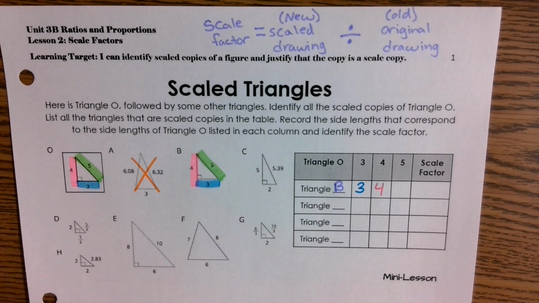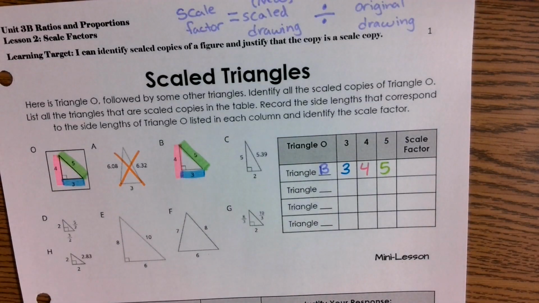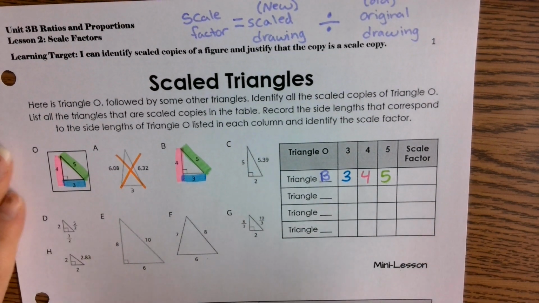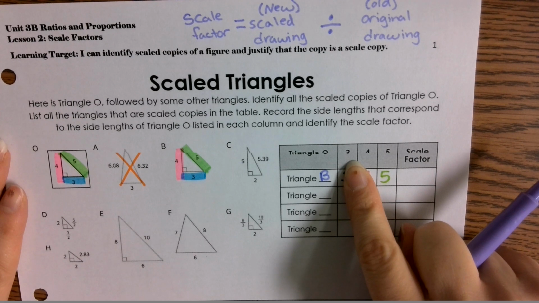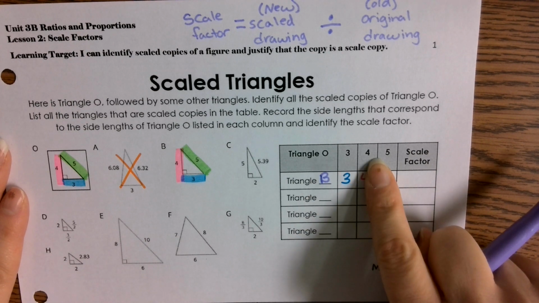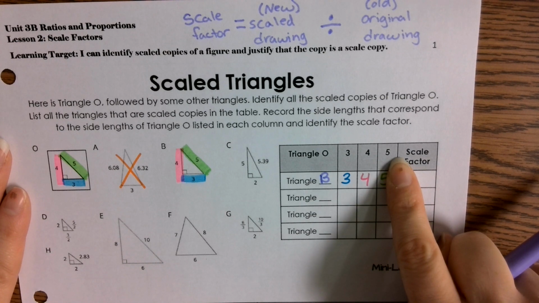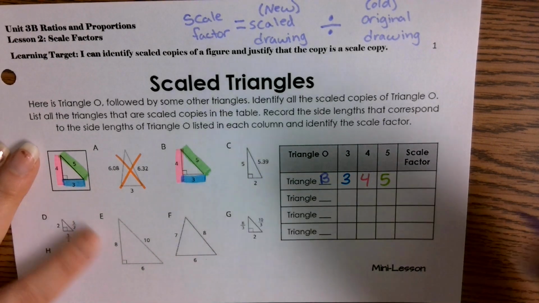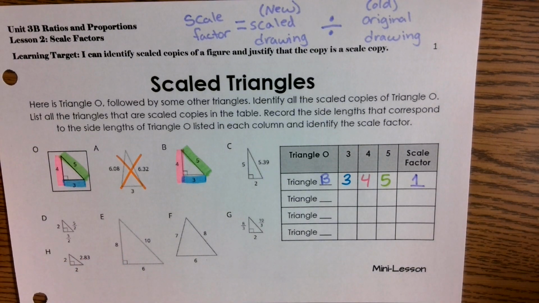And the 5 on my scaled copy matches up with the 5 on my original. So what's my scale factor? If I take 3 and divide it by 3, what do I get? 1. If I take 4 and divide it by 4, what do I get? 1. If I take 5 and divide it by 5, what do I get? 1. So that means my scale factor is 1.